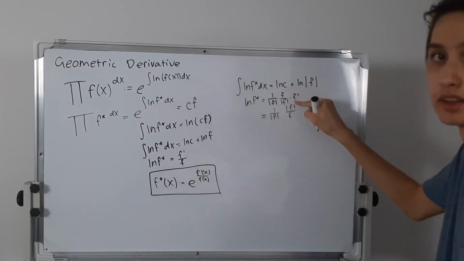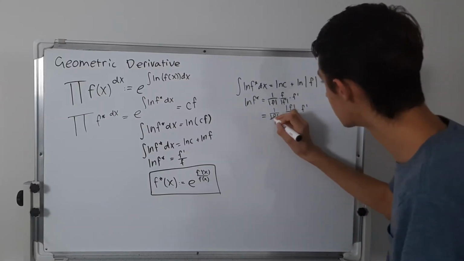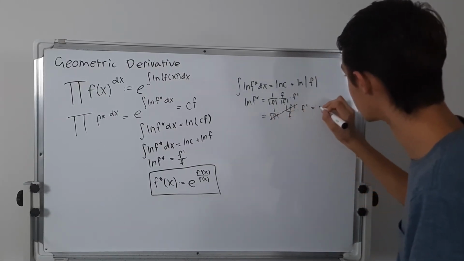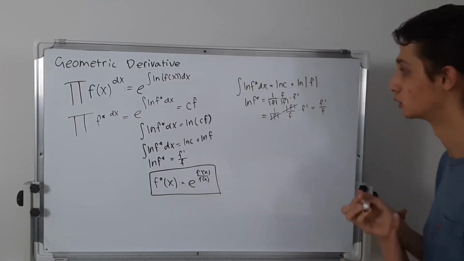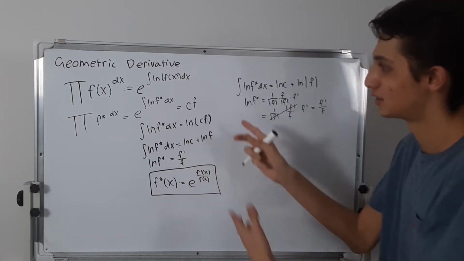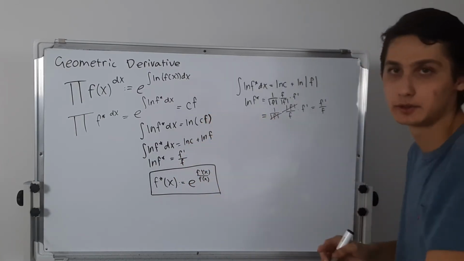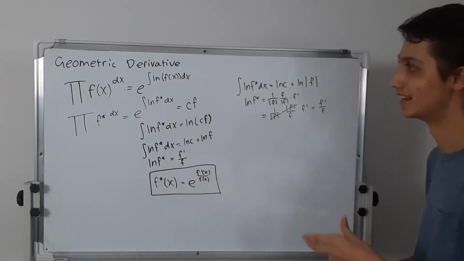I just flipped this because we said that we can, then times f prime. This and that cancel, so now we're left with f prime over f, and we get back to that same conclusion. So that's okay. You might say, oh yeah, you should put an absolute value there. Well, really, yeah, you can, but it's not going to matter too much. You're still going to get this conclusion in the end.